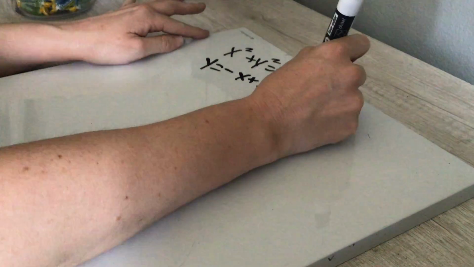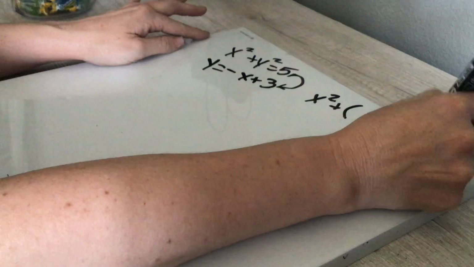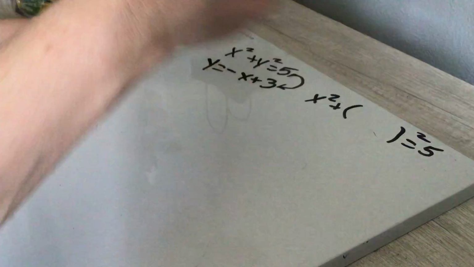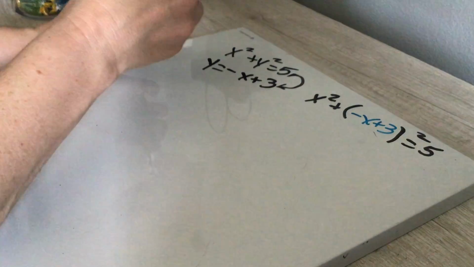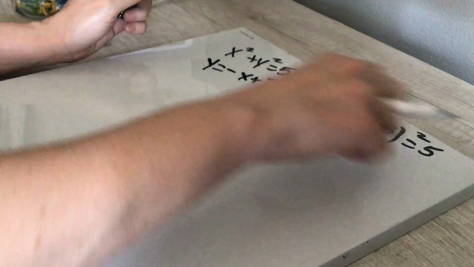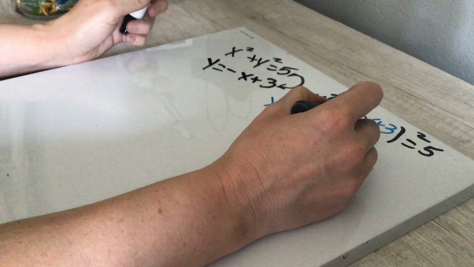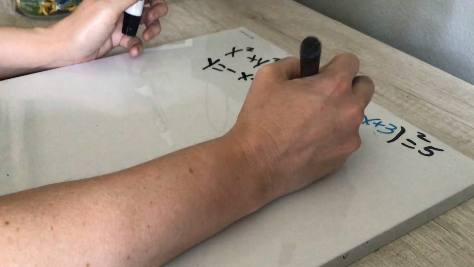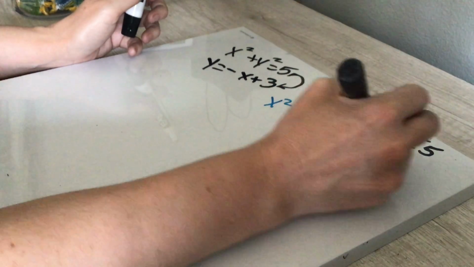So I'm going to get x squared plus negative x plus 3 squared. Okay, then I'm going to solve for x. So I get x squared plus negative x plus 3 squared is x squared minus 6x plus 9.